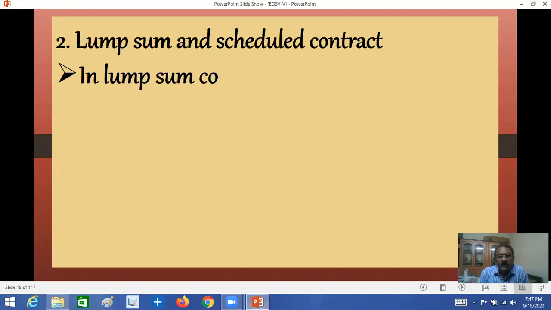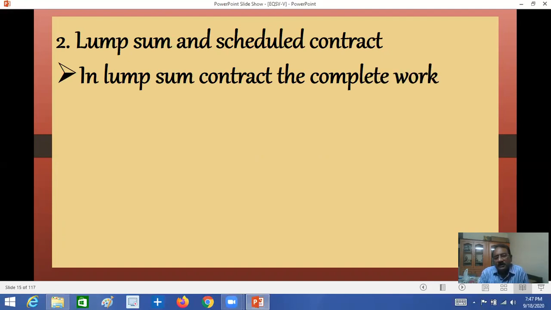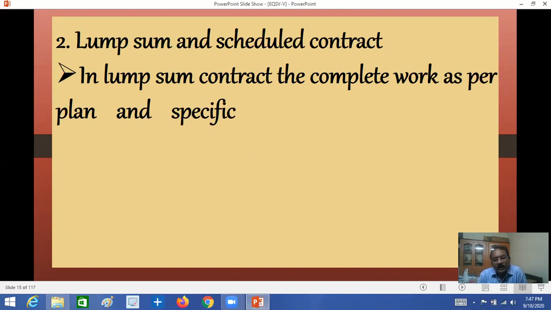In lump sum and scheduled contracts, see, there is one problem in a lump sum contract. You can't change, there is no flexibility or modification in the design or plan of the building or project. But in this one, you can complete the work as per lump sum rate, and if any extra work is done, the specification rates are applicable.